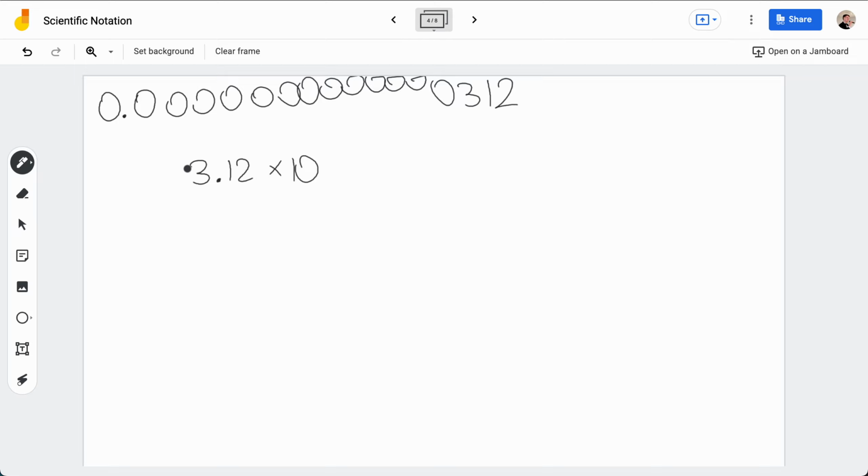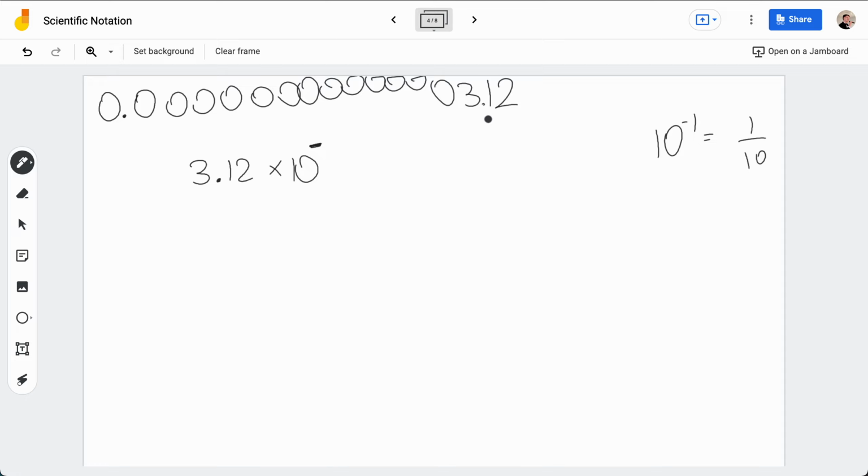But division by 10, as we said earlier, can be represented with a negative exponent: 10 to the negative 1 is the same thing as 1/10. So I can represent divisions with exponents as well. I'm going to do times 10 to a negative exponent, because I want a number smaller than 3.12.